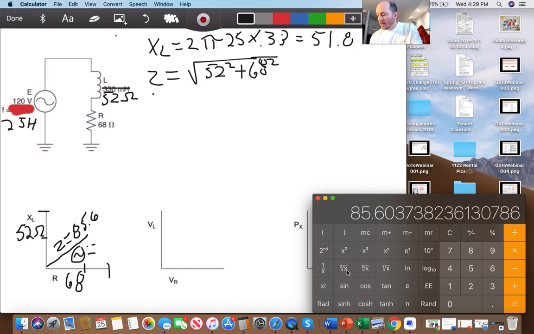And my phase angle is the inverse tangent of X of L over R. Go ahead and erase this actually real quick.